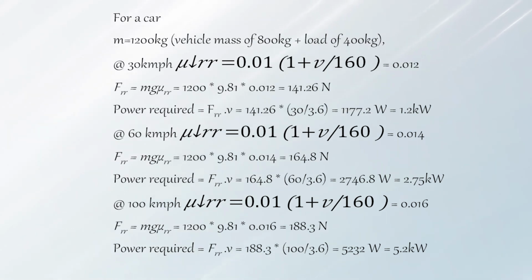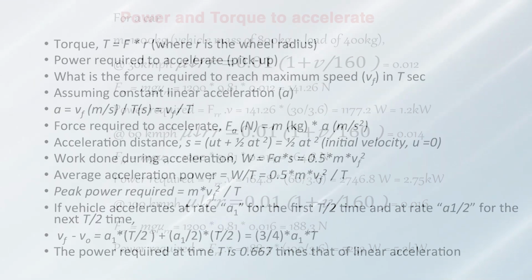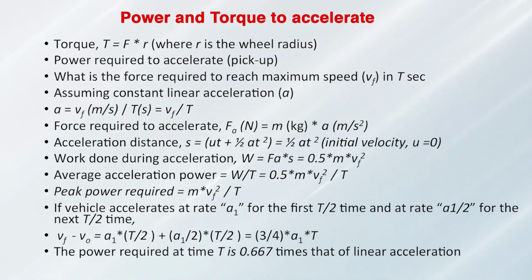For a car, it is 5.2 kilowatt, and whatever this power is, it is only to overcome the rolling resistance. Now, the power and torque required to accelerate, if you calculate, the torque you require to calculate is F into R, the torque is force into the radius.